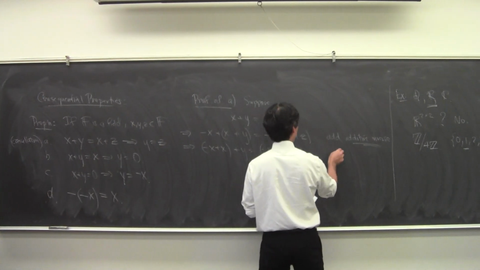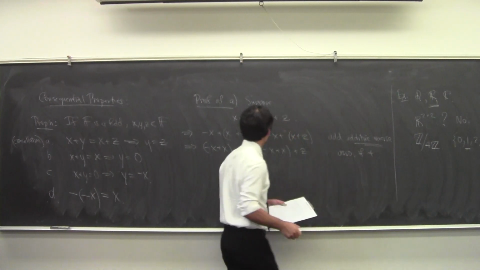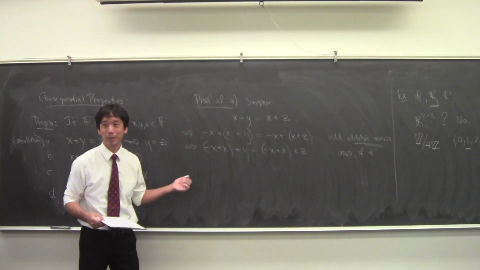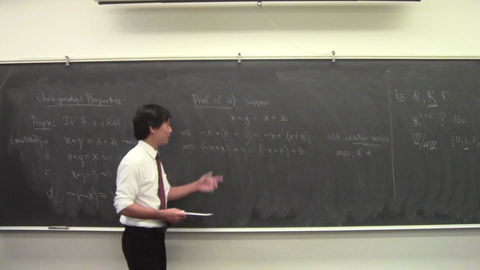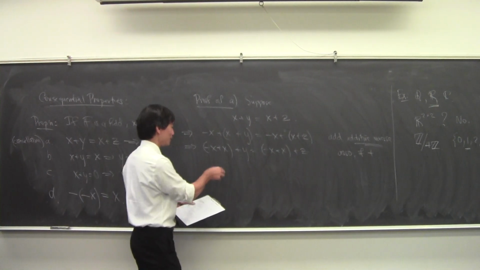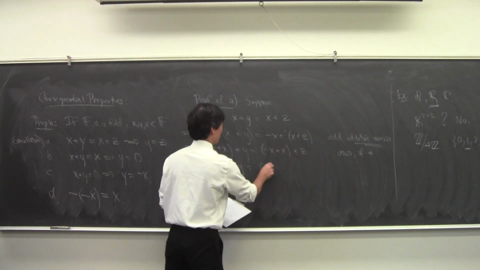And that's true by associativity of addition. What am I going to do next? Next, 0 plus y equals 0 plus z. So I'm going to say negative x plus x is 0.